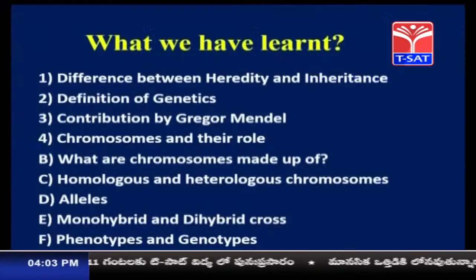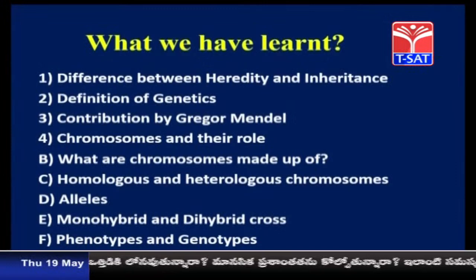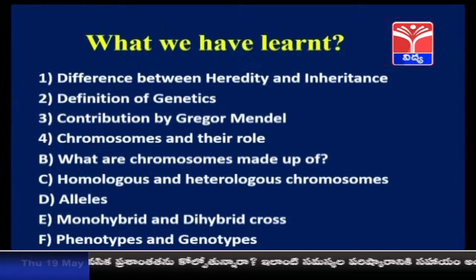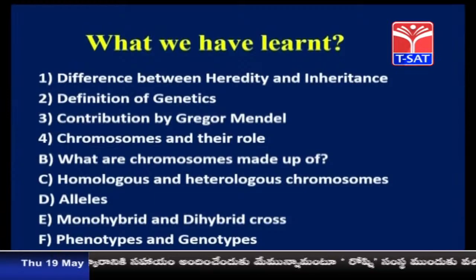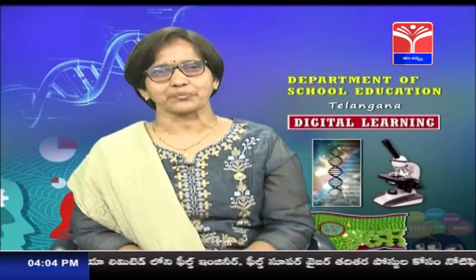If we sum up what we have learnt in our previous session and this session, it is about the difference between heredity and inheritance, heredity, genetics, Gregor Mendel's contribution, chromosomes and what they are made up of, genes, homologous and heterologous chromosomes, alleles, homozygous and heterozygous alleles, what is monohybrid and dihybrid cross, what is phenotype and how it is different from genotype, and we also performed an activity with which you can understand how alleles get separated out.